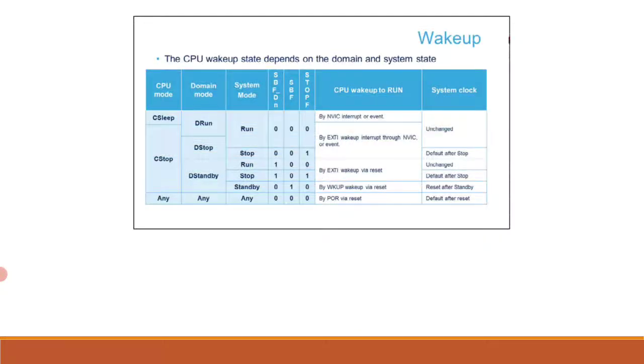This table gives a complete overview of CPU domain and system mode and the wake-up flag bits. It also shows how the CPU was awakened through an interrupt or an event or a CPU reset.